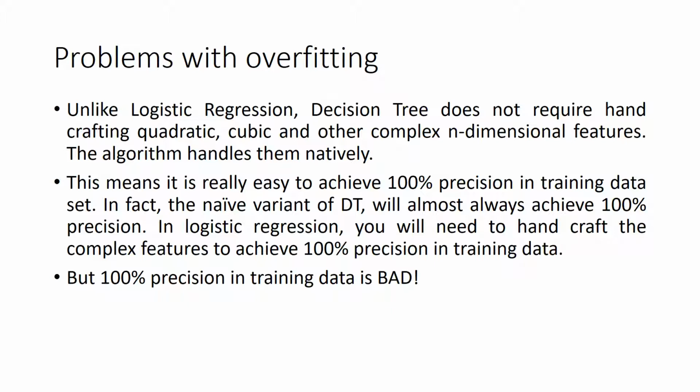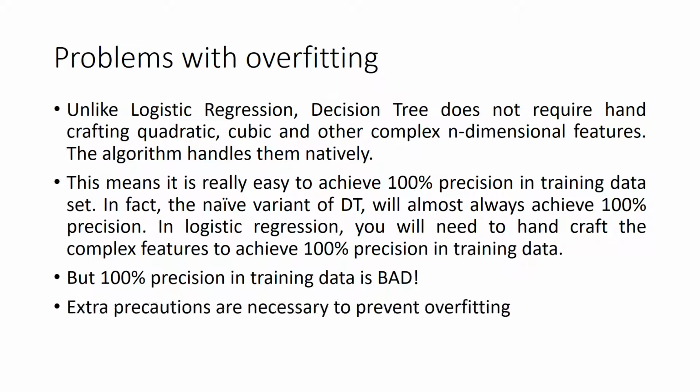It's very hard to overfit in logistic regression because you don't have those quadratic and cubic features. But you still try to guard against overfitting in logistic regression as well by using regularization. Even if you don't do that, in general, it's hard to overfit. But in decision trees, if you don't take extra precautions, you are in for a disaster.